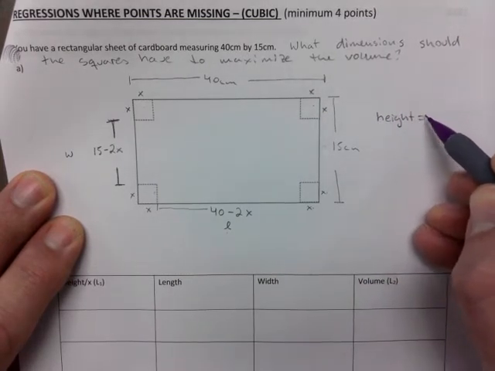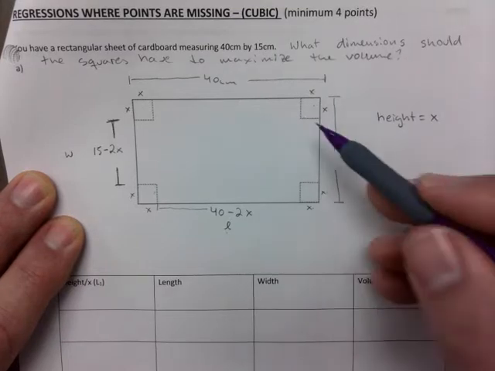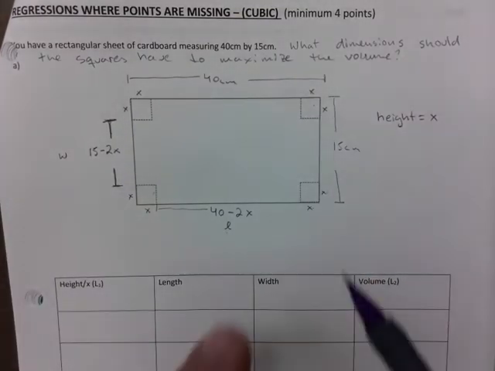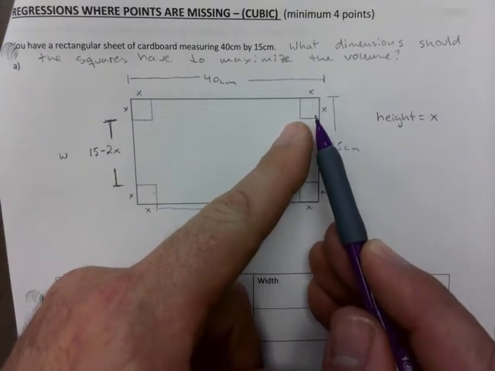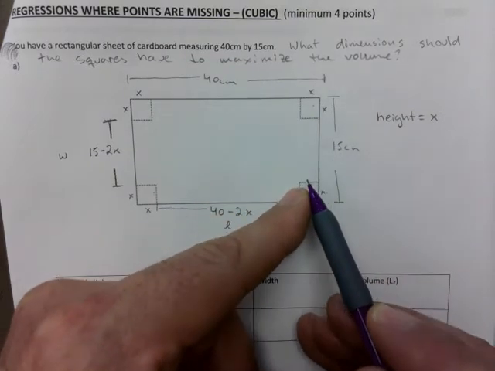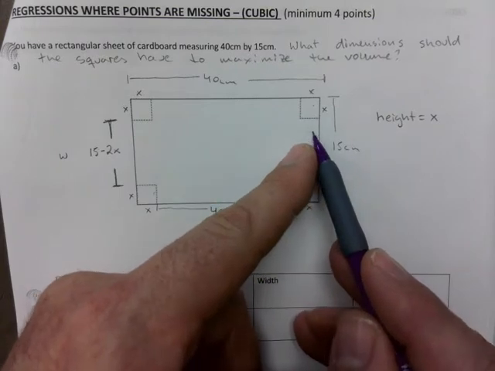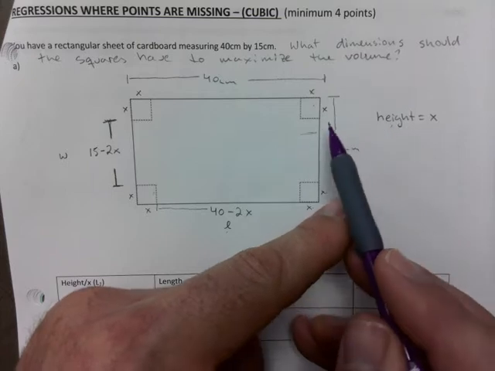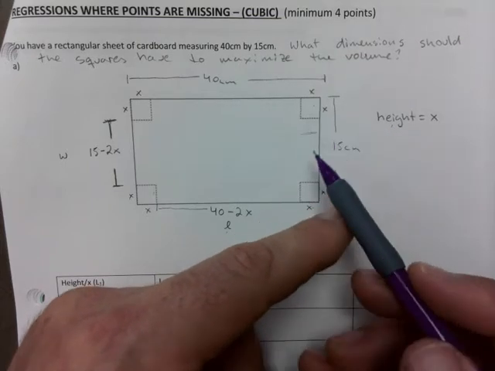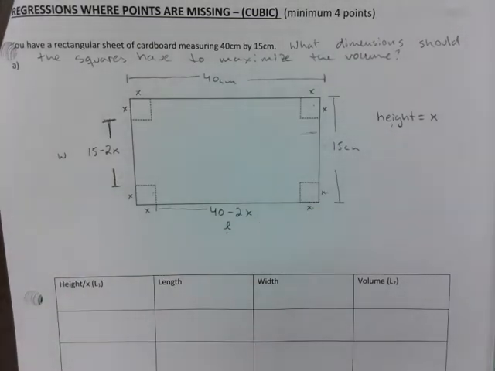The height of the box would be determined by the dimensions of those cutouts, because if you fold this little lip up, the width of the lip is going to be the height of the box. So x, whenever we find it, would determine the height of the box.